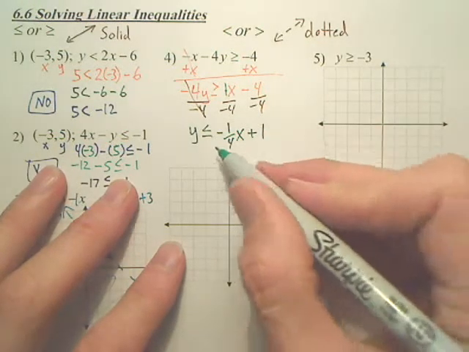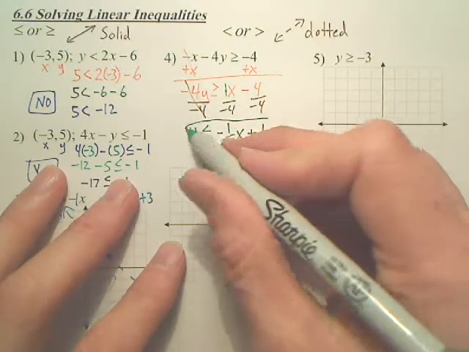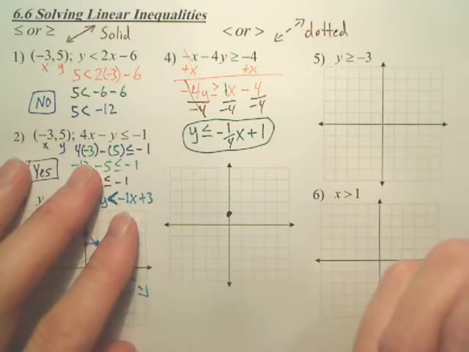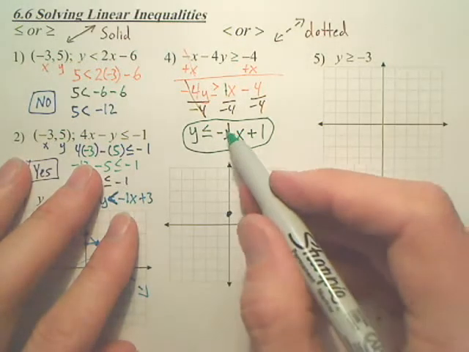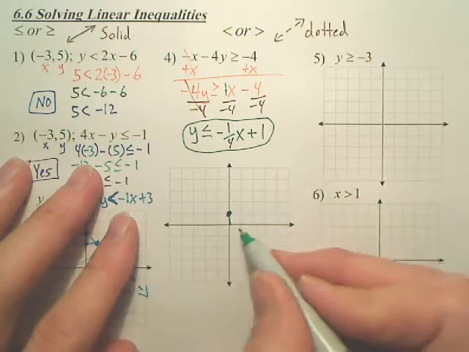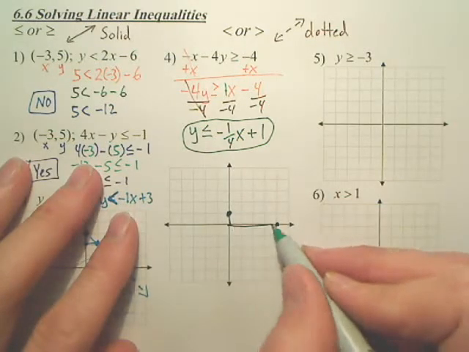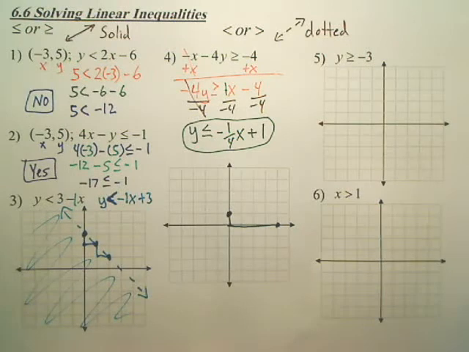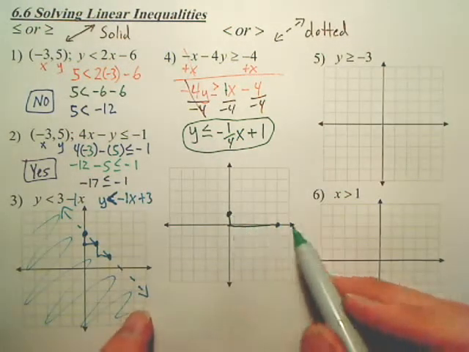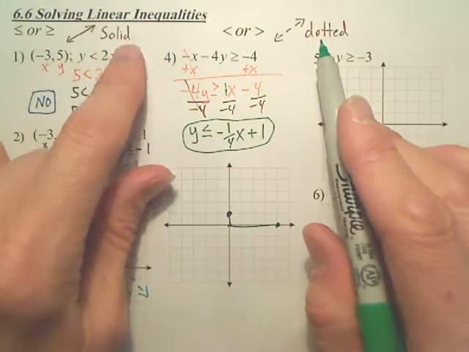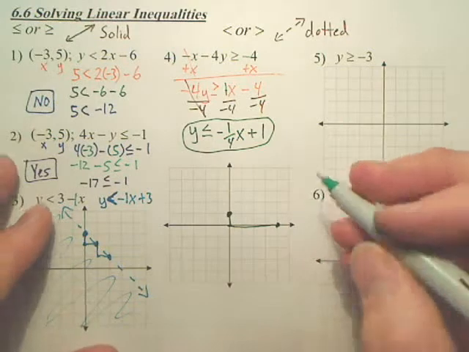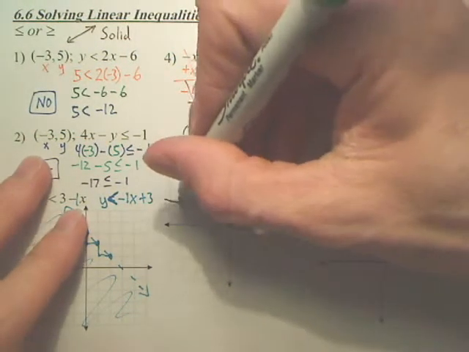So where do we begin this graph? You begin this graph at 1, and our slope is negative 1 over 4, so we go down 1 and over 4. Is this a dotted or solid line? Well, it's a less than or equal to, so it's a solid line.